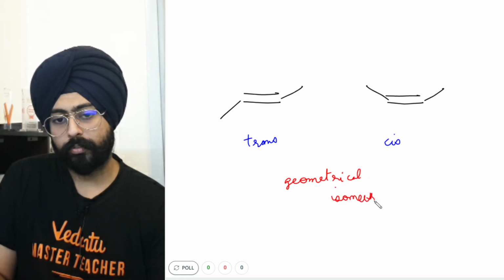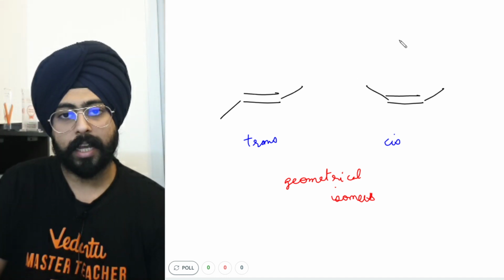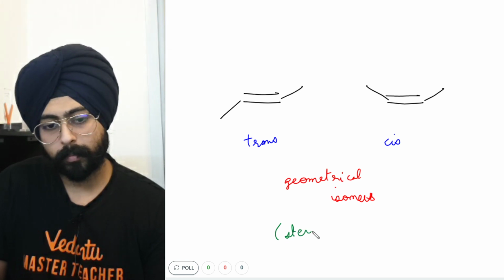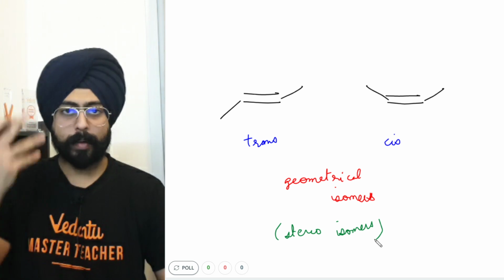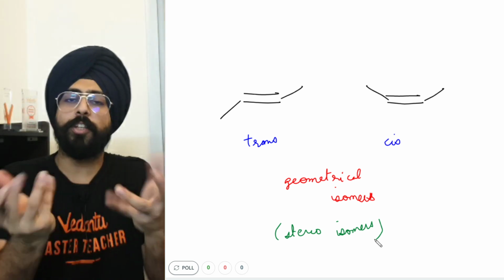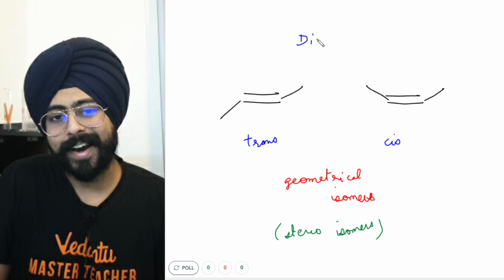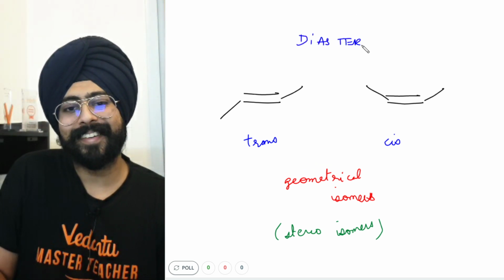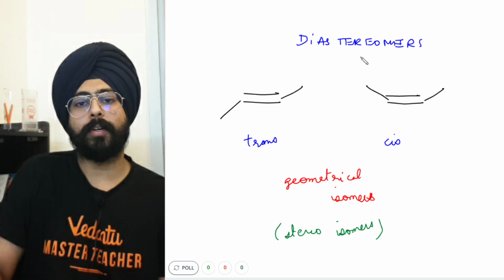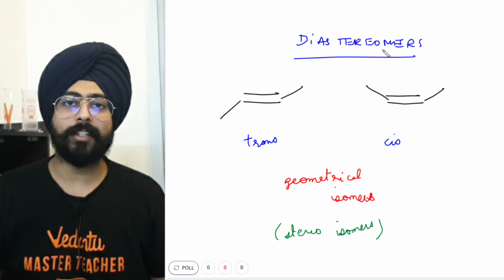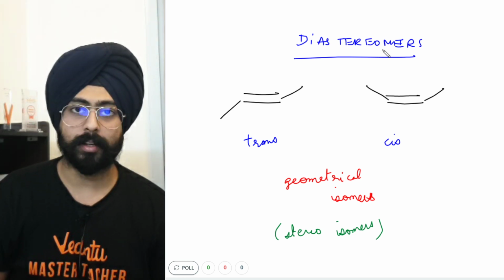But geometrical isomers are also stereoisomers. Isn't it? Geometrical isomerism is a category of stereoisomerism. So, my dear friends, these two can also be called diastereomers, because geometrical isomerism is just a subcategory of stereoisomerism.